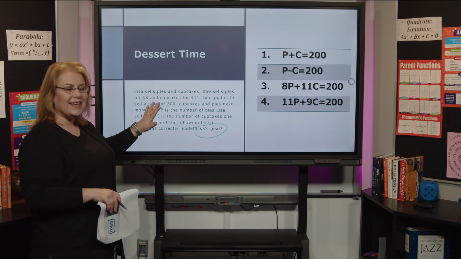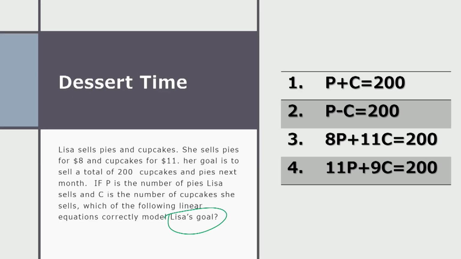So let's go back and annotate this question for a minute. It says that her pies sell for $8. Her cupcakes sell for $11. Her goal is to sell 200 cupcakes and pies. It does not say anything whatsoever about money. So I'm just looking at numbers of items sold.